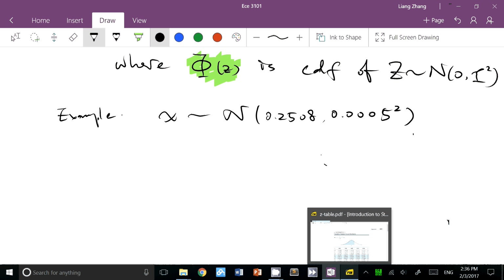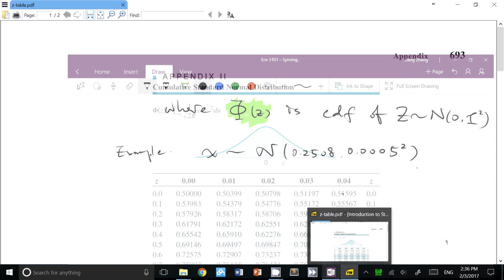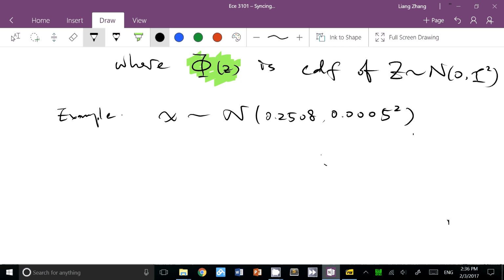The quantity we're trying to calculate is the probability that, out of everything we produced according to this procedure, the fraction of parts that will fall between a certain range. The range is 0.2485, the lower bound, and an upper bound 0.2515.